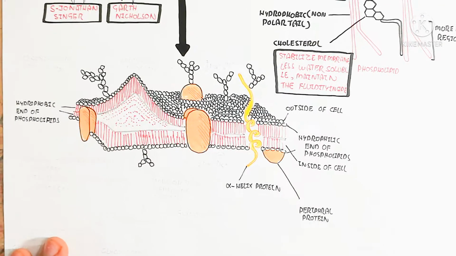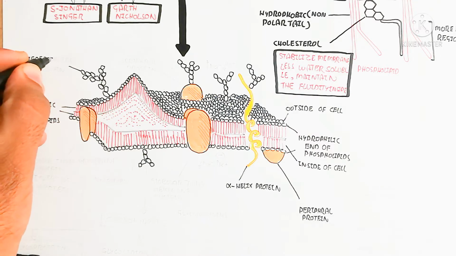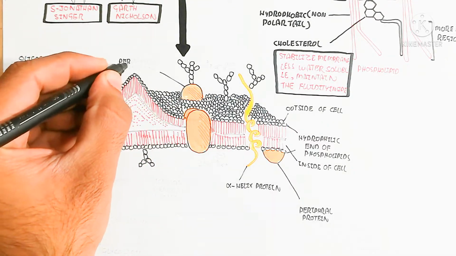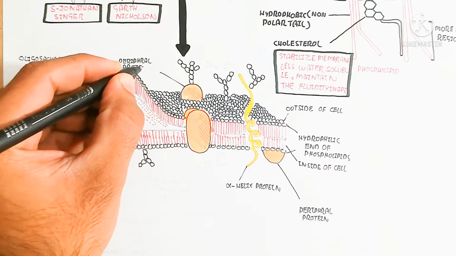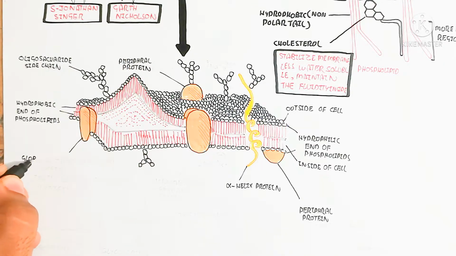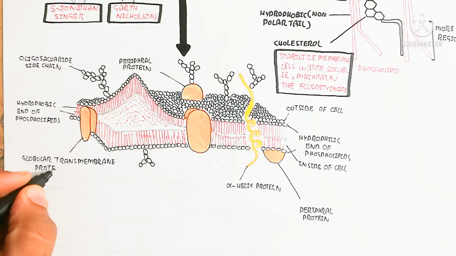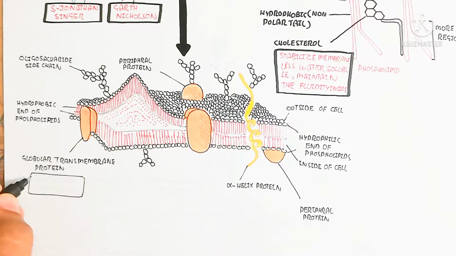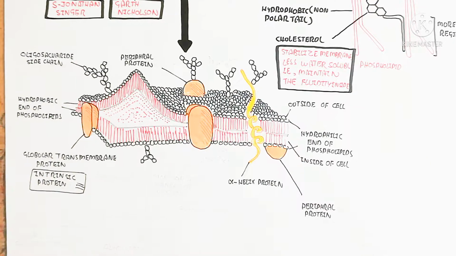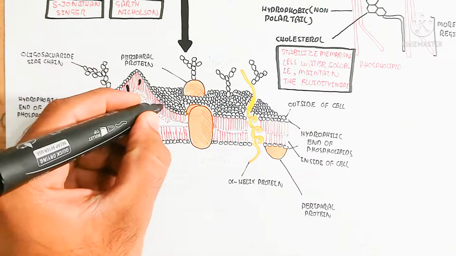Here you can see the peripheral protein, and here is the alpha helix protein, which contains a carbohydrate, so an oligosaccharide side chain occurs. The peripheral protein is also attached to carbohydrates, known as a glycoprotein. Here is the globular transmembrane protein, also known as the intrinsic protein.